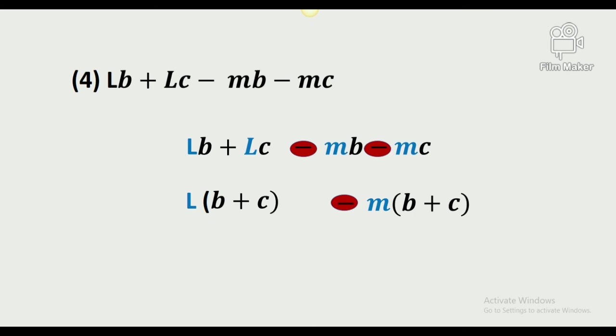When you take negative as a common factor, you have to change the sign of the factors in the bracket. I take negative as a common factor, so I have to change the sign.